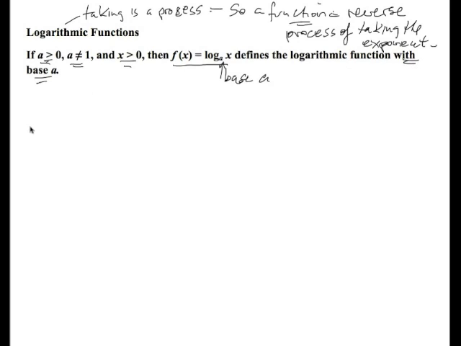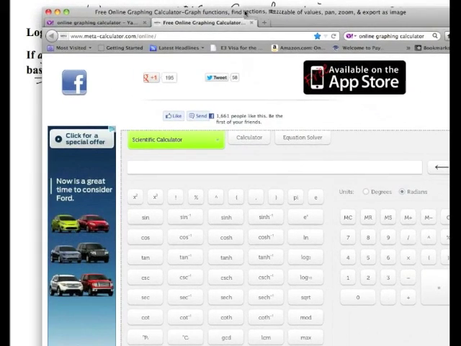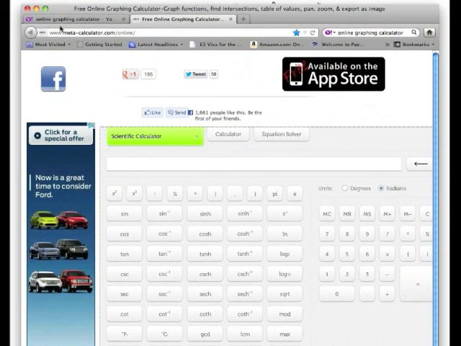Okay. All right, now why are these two the inverse of each other? Well, let's go back and look at the graphs of these. So I've got a free online graph here. You might want to take note of this. All right, it's at www.meta-calculator.com/online/online.